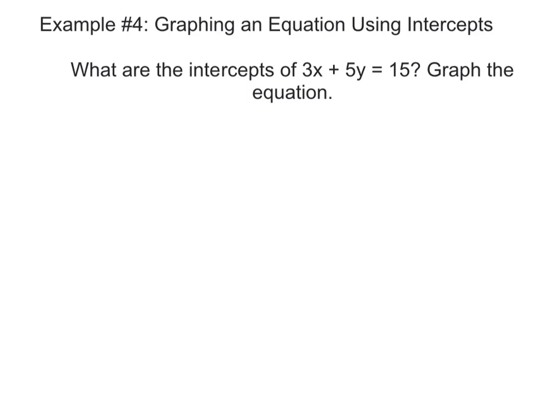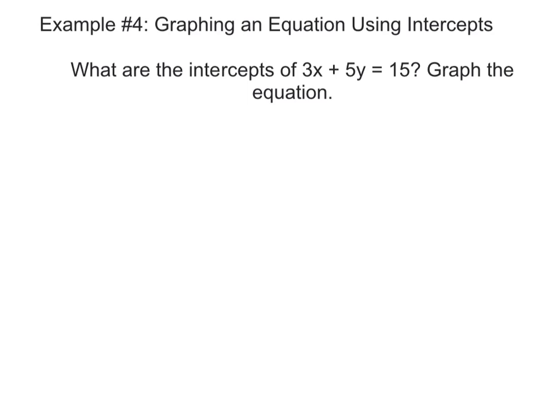In example 4, we are asked to find the intercepts of 3x plus 5y equals 15 and then to graph that equation. If we can remember, the definition of an intercept is where the line crosses that axis.